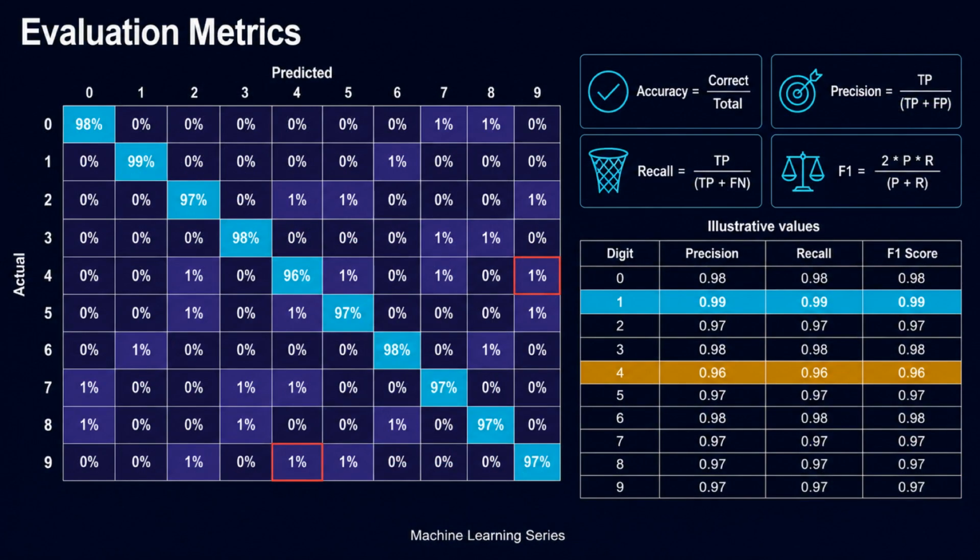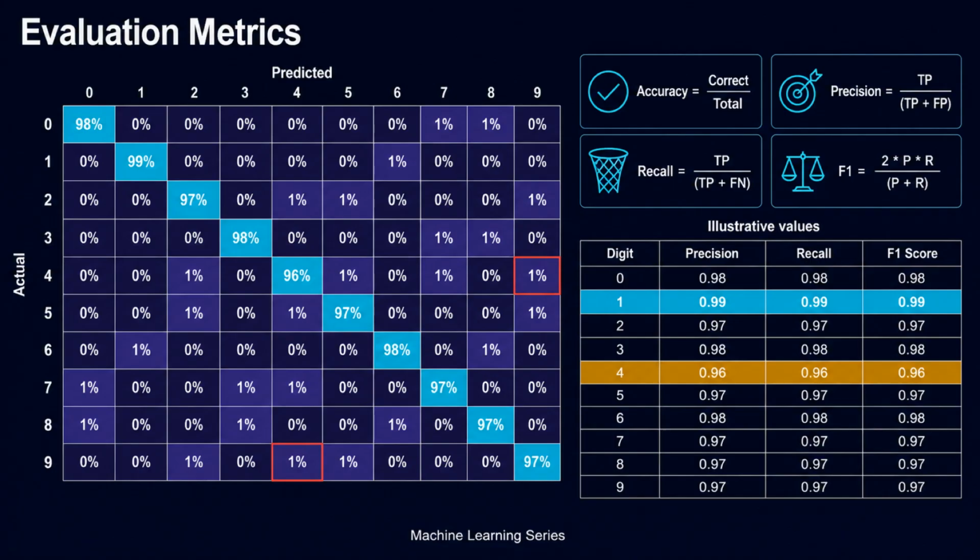Accuracy alone is not sufficient to fully evaluate a classifier. We need several complementary metrics. Precision measures how many of our positive predictions were actually correct, calculated as true positives divided by true positives plus false positives. Recall measures how many actual positives we successfully identified, calculated as true positives divided by true positives plus false negatives.